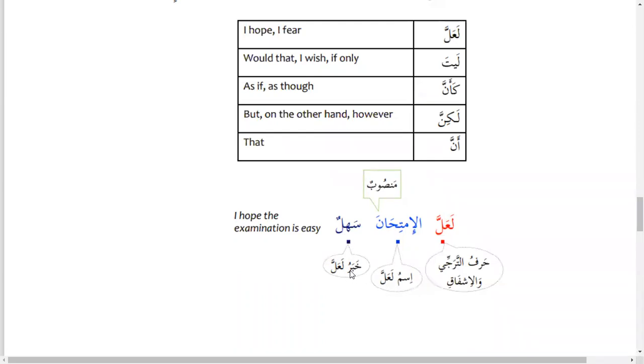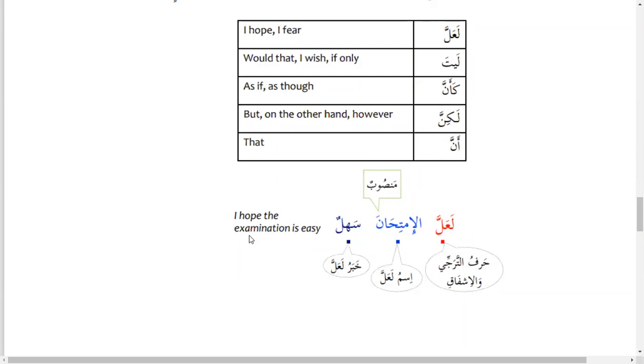The same idea: after inna, for example, if we use inna here, it will be the same. Inna al-imtihana sahlun. Indeed, the exam is easy. But when we use la'alla, now we are hoping. Being students, we always hope that the exam will be easier. So that's why it has been translated as I hope.